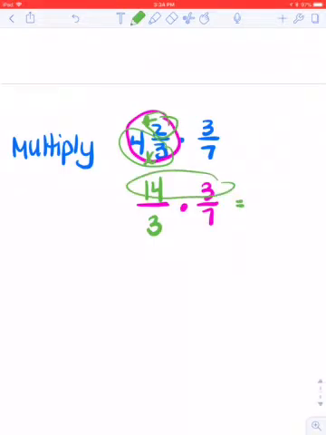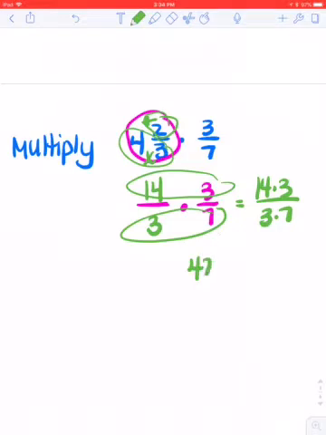Now to multiply, I'm going to get those two pieces together. That means I'm going to have to take 14 and 3 on the top and 3 and 7 on the bottom. So if I did the top, 14 times 3 is 42, and 3 times 7 is 21.